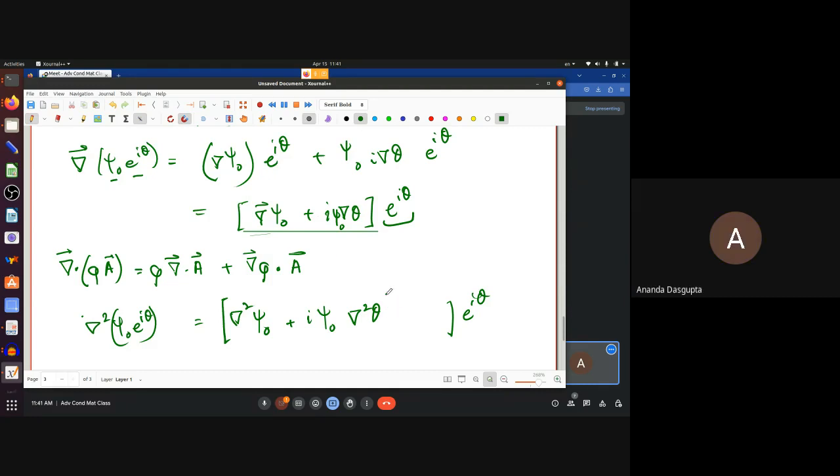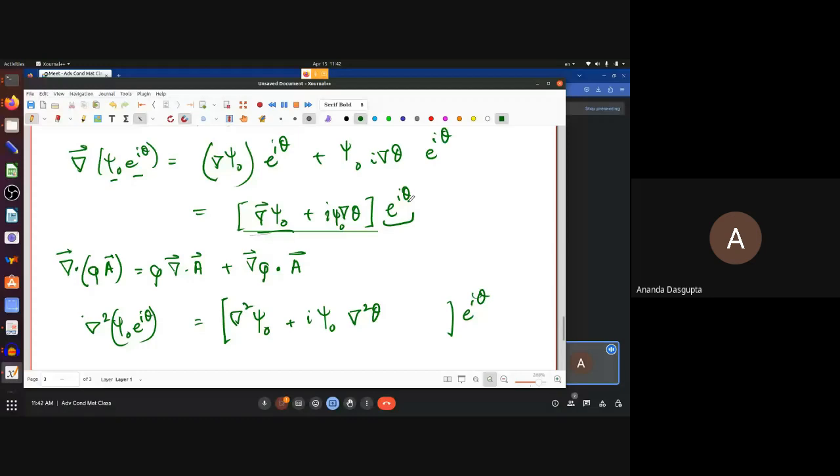Okay. I was asking, if I take the divergence of this, I get the divergence of this plus the divergence of this thing. So I have Laplacian psi 0 plus i psi 0 Laplacian theta, but is that all? Or do we need to get something else? Of course, we have one more term, which is this dotted with the gradient of this, but we are not talking about that yet.